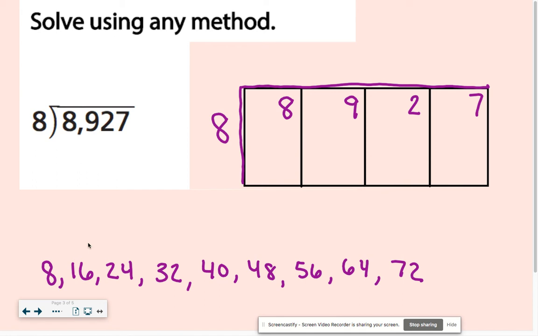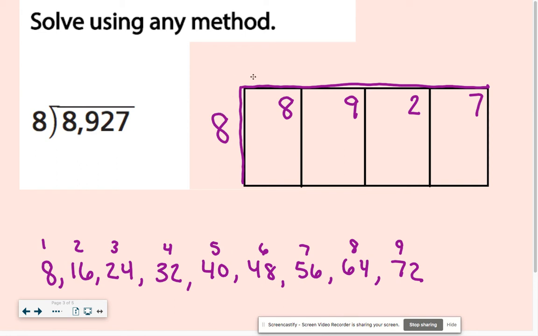We can stop there because this was one time, two times, three times, four times, five times, six times, seven times, eight times, nine times. We can only have single digit numbers go into each box, so we don't have to go beyond nine of them.